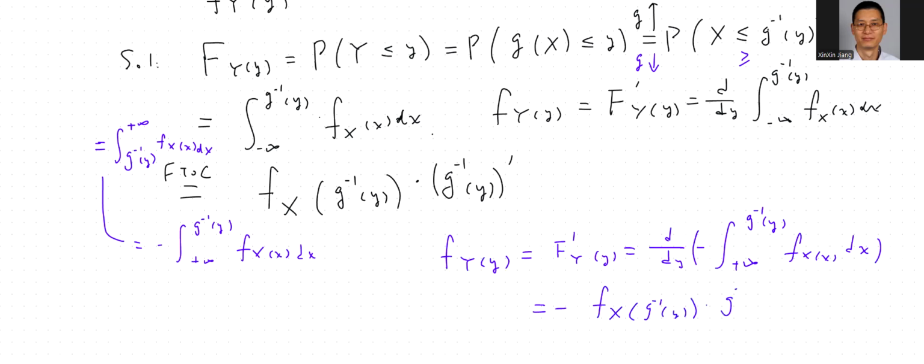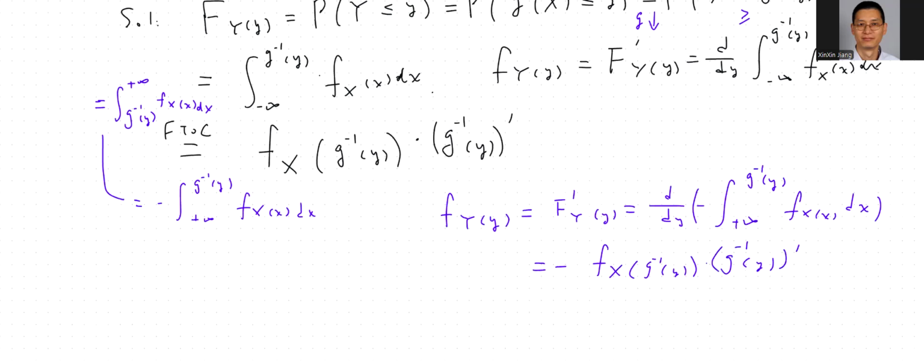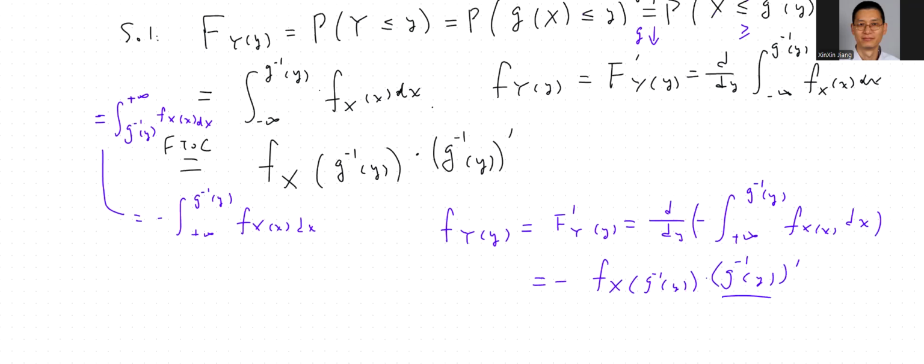So that's no problem. We have a negative sign here. It's a little bit scary, but notice that g inverse of y is actually decreasing, so the derivative is negative. Negative times negative cancels out, so it's actually greater than or equal to 0. So no problem, it's good. But you have a negative sign here and you don't have a negative sign here. So to put them together, we have this formula.